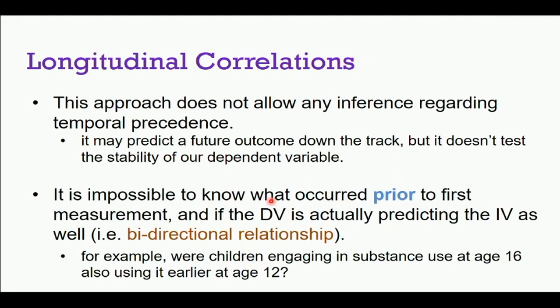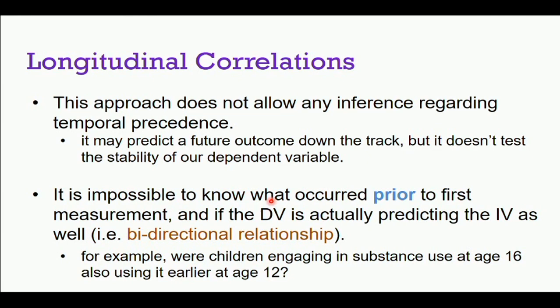So this approach does not allow any inference regarding temporal precedence, though, because although it may predict a future outcome down the track, it doesn't test the stability of our dependent variable. Now, I'm going to give you a concrete example, because it makes it easier to understand this. So let's say we're looking at children and substance use.